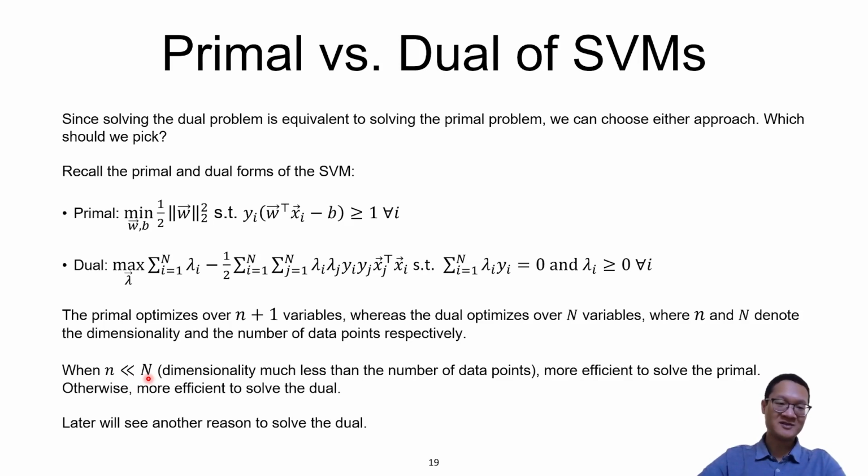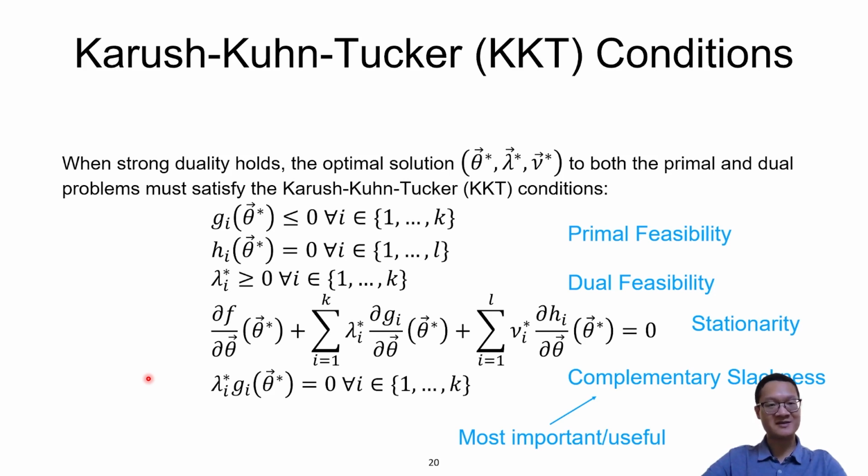It turns out that there's another mathematical reason to solve the dual problem. I guess we'll start talking about it next. When strong duality holds, and we know that it holds for the SVM problem, the optimal solution to both the primal and dual problems satisfies the KKT conditions. KKT conditions are pretty straightforward, even though they look a little bit ugly here. They say that our primal variables must satisfy the constraints.